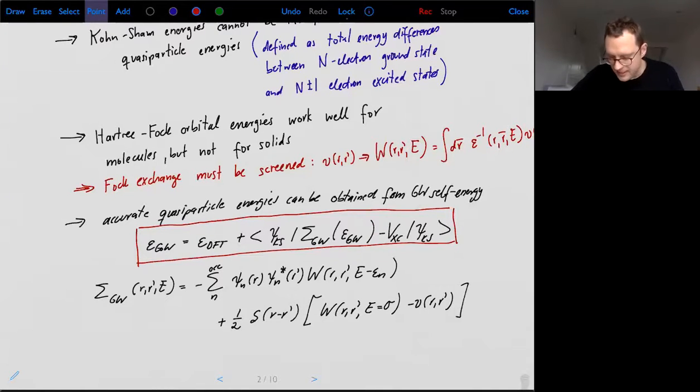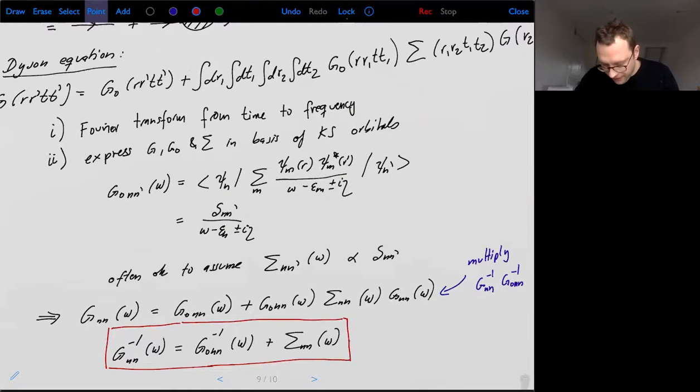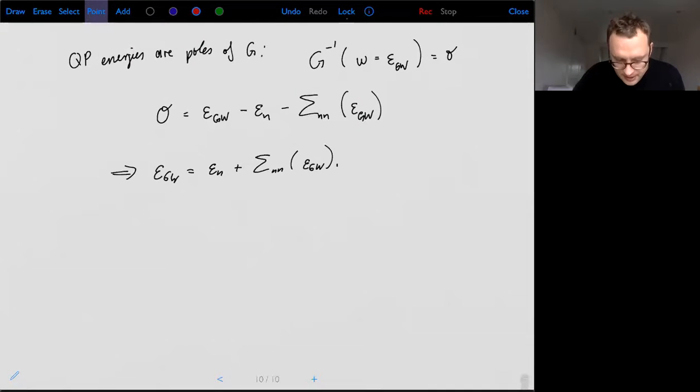And the reason is that so far we have assumed that the non-interacting Green's function really doesn't contain any interactions. But on the other hand, density functional theory does include some electron-electron interaction through Hartree and exchange. So we'll have to put that in, the fact that these energies here are in fact not the DFT Kohn-Sham energies, but the true energies that you would get when you have no interactions whatsoever.